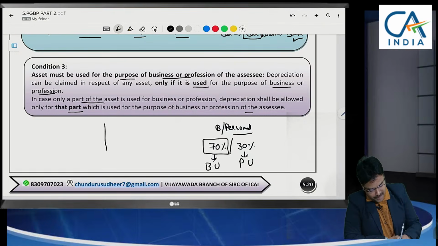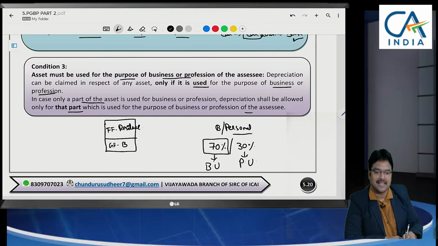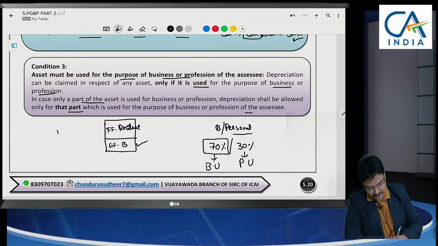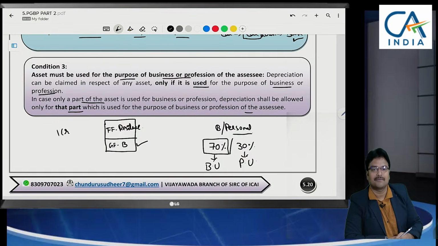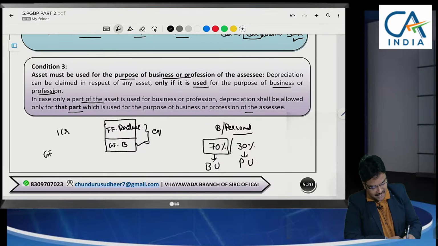Let us assume a building, where the ground floor is used for business and the first floor is used for residence. Now, on this building can we claim depreciation? Yes, but only to the extent of the ground floor which was used for the purpose of business. The entire building value is 1 crore, and if we partition it, both floors are of equal size, let us assume.